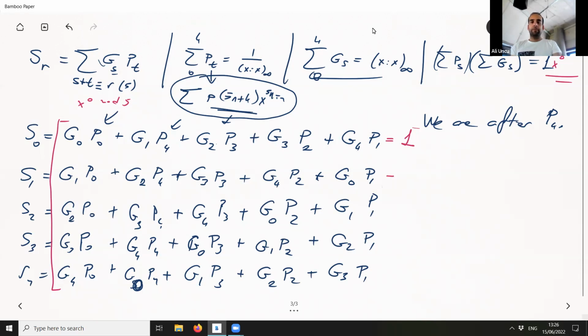We know the multiplication. Now we're just picking and choosing what we like. What about this one? S1 is all the things among this multiplication which has 1 modulo 5 exponents, as the exponent of x. So what exponents of x do we have here that has 1 modulo 5? There are none.